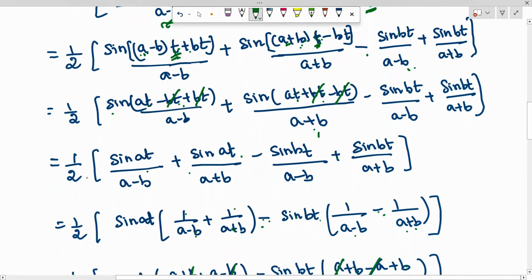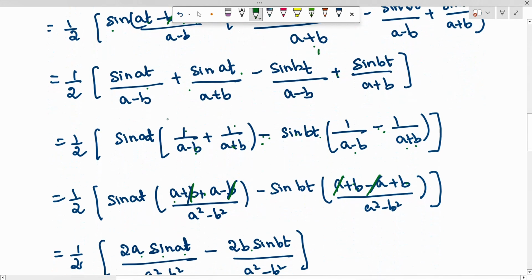Now 1 by 2 into sine of, here bt has opposite sign, we can remove these two terms, sine at by a minus b, plus the second term also, bt opposite sign, we can remove these two terms, and then we will get sine of at divided by a plus b, and then third and fourth term will be same.